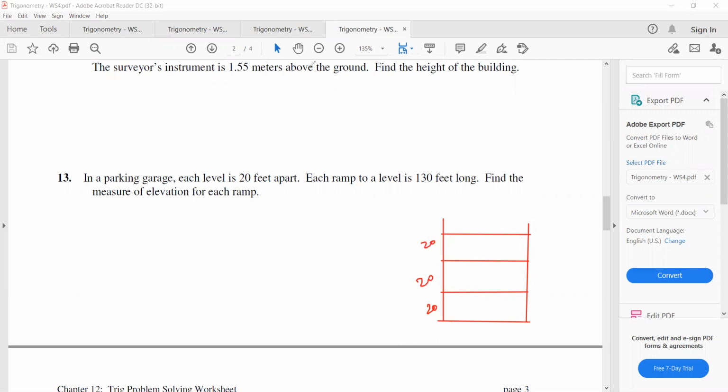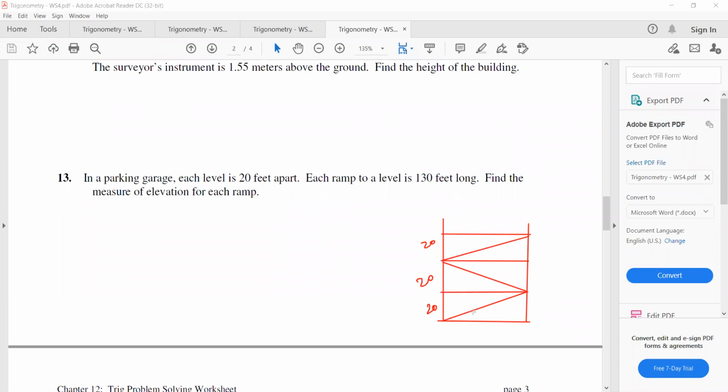Each ramp to a level is 130 feet long. There are ramps here, from here to here. Then starting from here, there is another ramp, and another ramp.